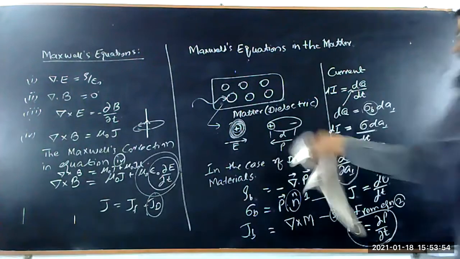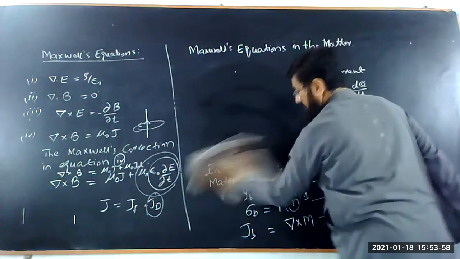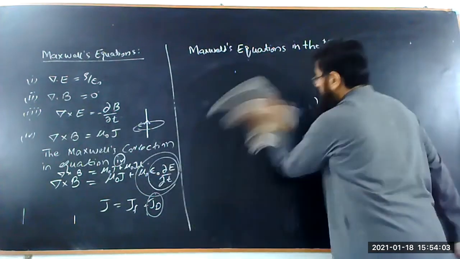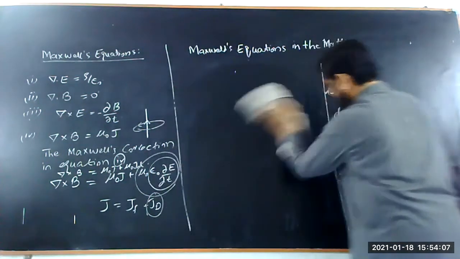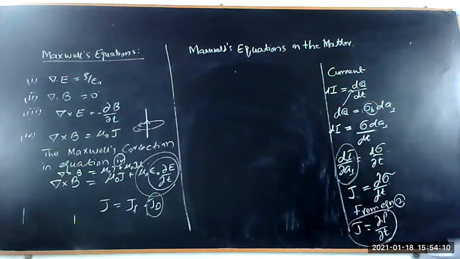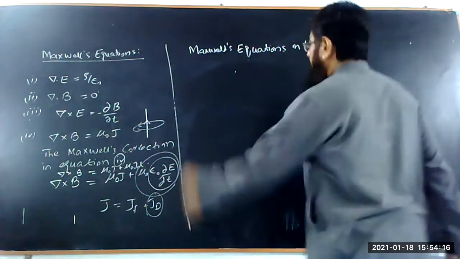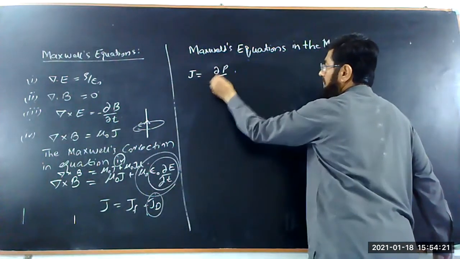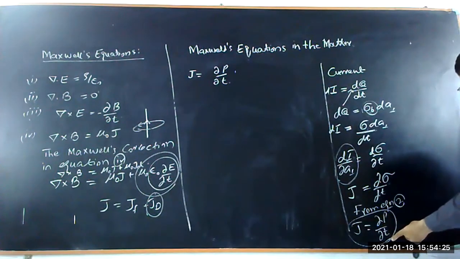So if we look into these equations, J is equal to dP over dt.